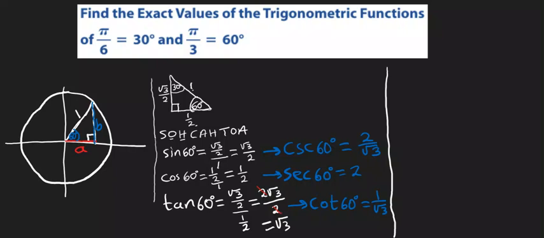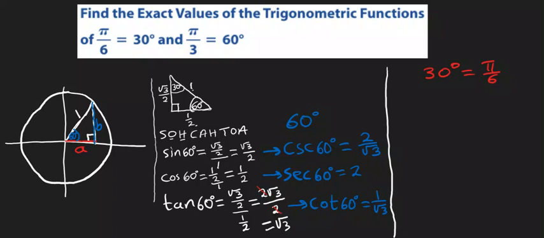Now let's apply the same rules, finding the trigonometric functions when the angle is 30 degrees. This side was 60 degrees, and I want us to find 30 degrees, which is pi over 6.